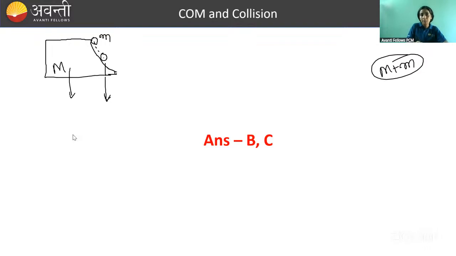क्योंकि देखो जब ये small mass m रेस्ट में था, तब भी ग्रेविटी was active. डन है? So when motion started, still gravity is acting, and whatever other forces are acting is either normal reaction, again, which is a force between M and m.